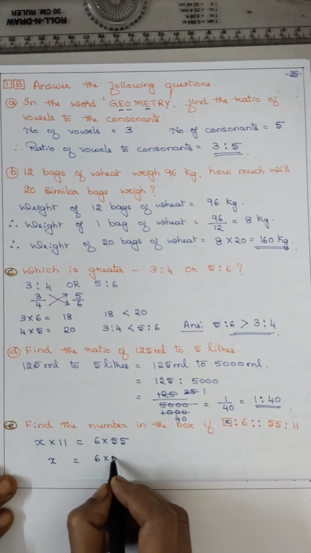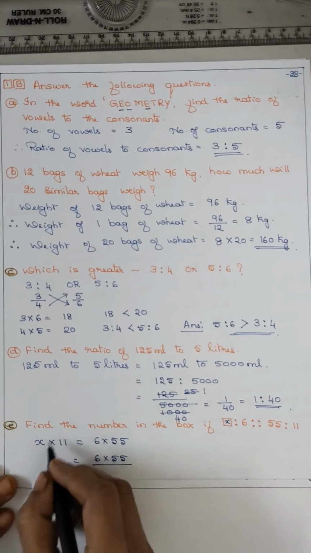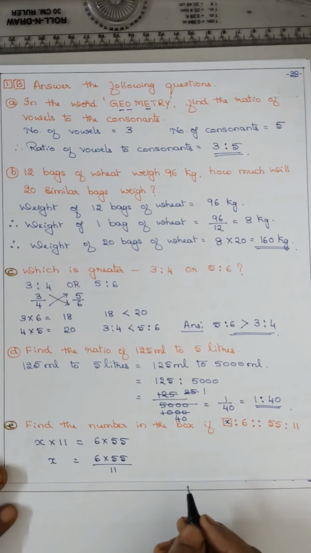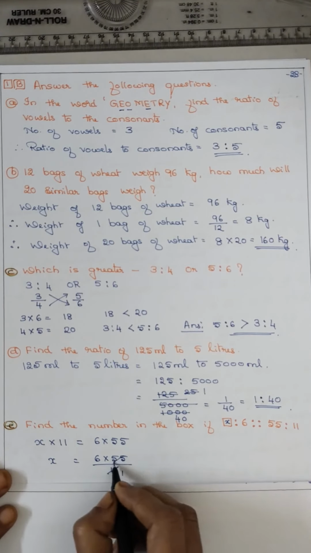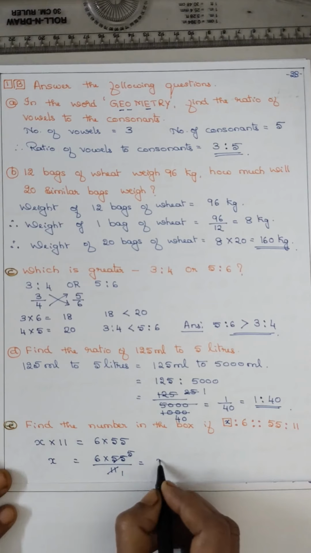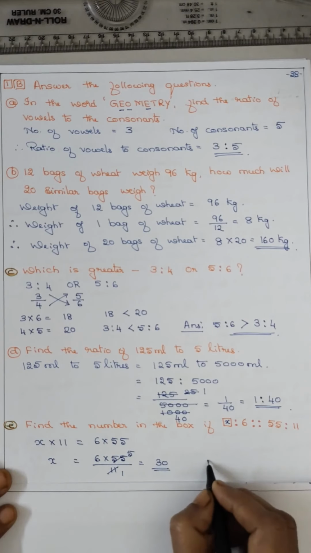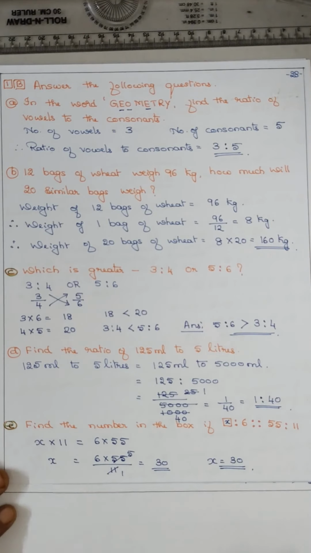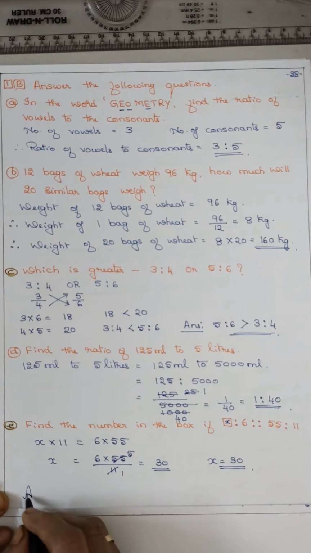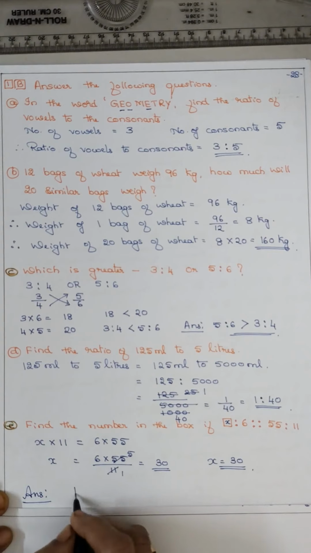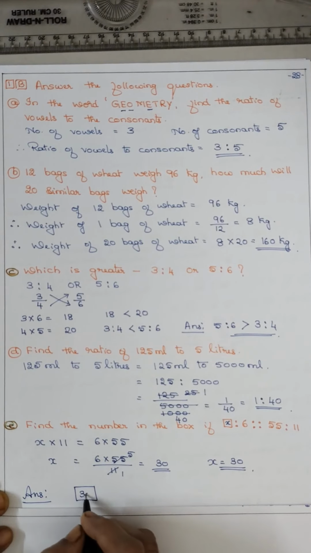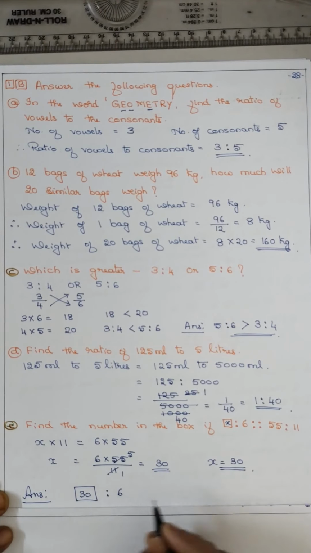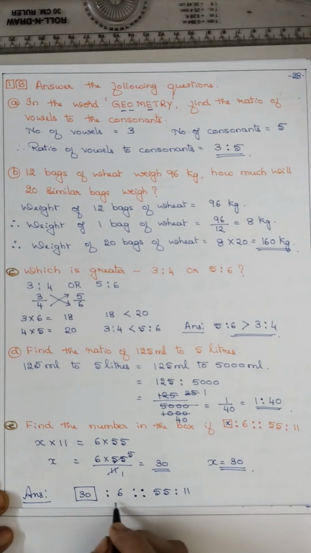Right side it is 6 into 55. Bring 11 to the denominator. 11 1s are, 11 5s are, 6 5s are 30. So x is equal to 30. So the answer, box is 30. 30 is to 6 in proportion with 55 is to 11.